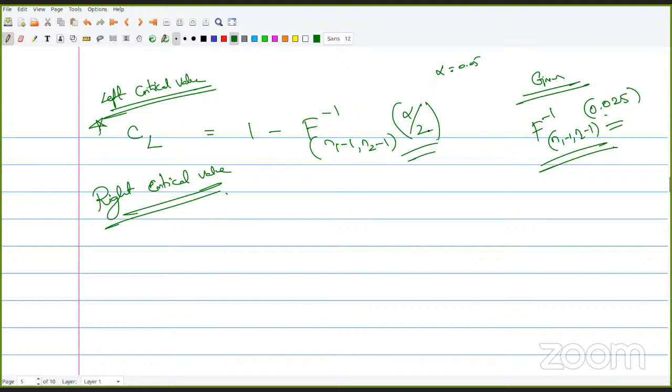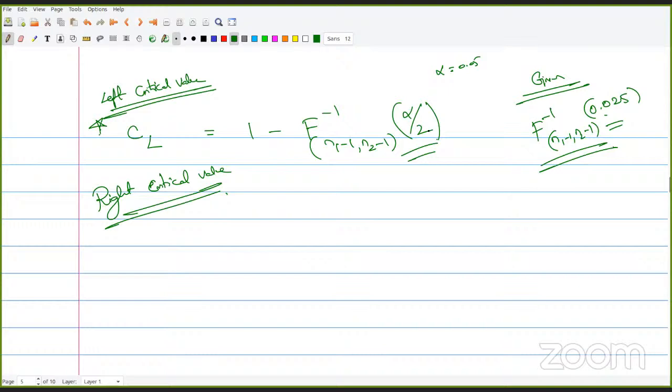Ultimately, it will be independent of that. And sir, can it happen that one of the values falls within the limit, but the other one does not? It being a ratio, I think it is not possible, ma'am. But CL and CR are different, so this is quite a possibility.